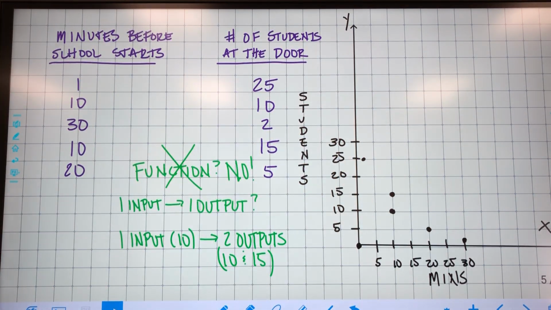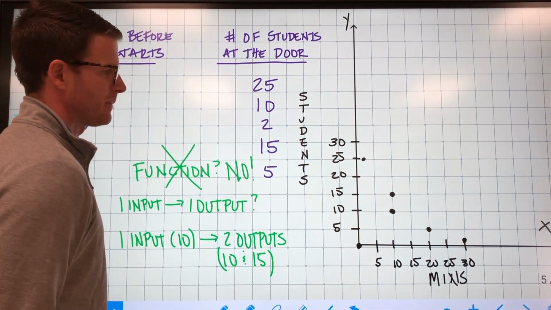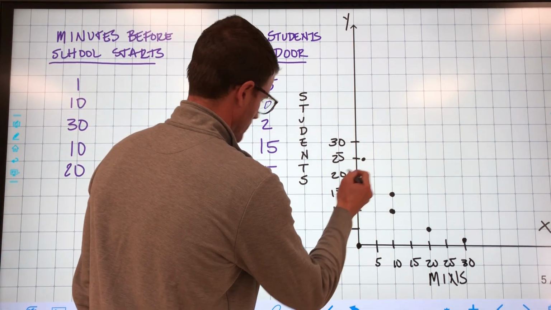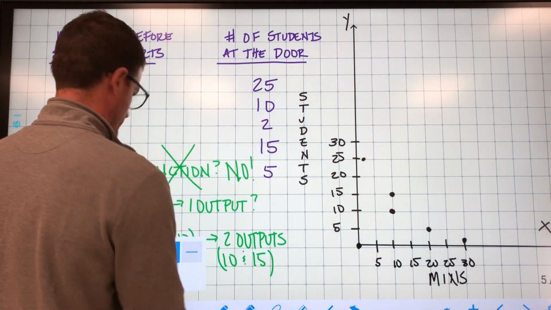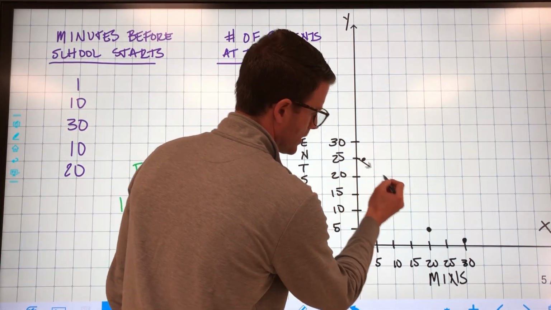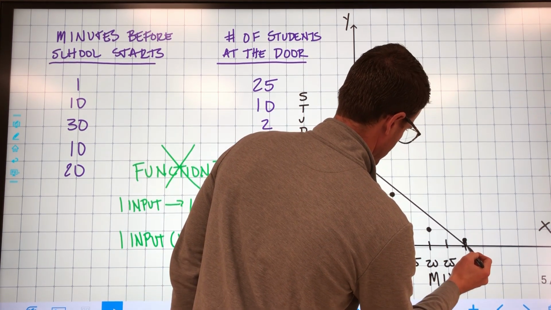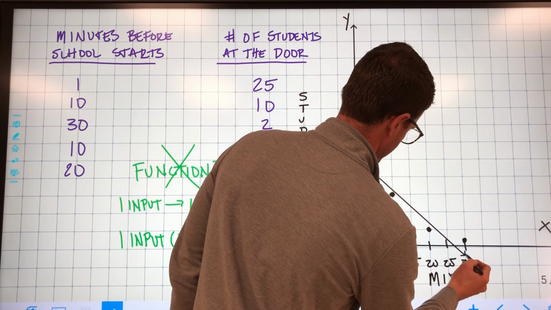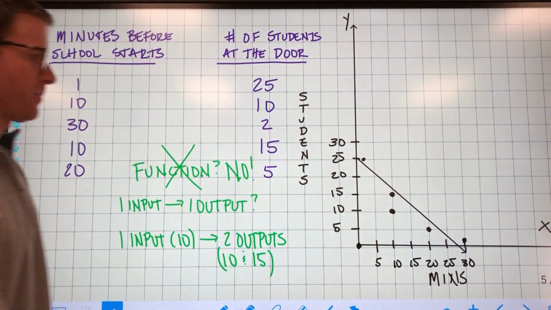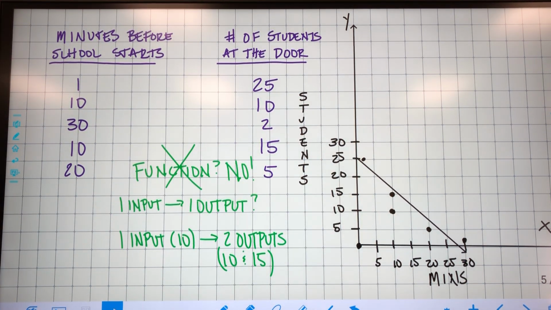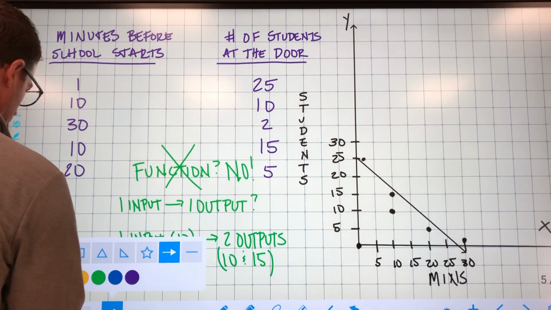This will be clearer here. Let's make a best fit line for this one. We're already set up. If I were to graph this, it would look something kind of like this. It's not going to fit perfectly due to the graph. Let's do the vertical line test. We'll go red this time.